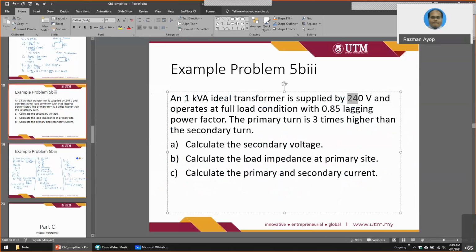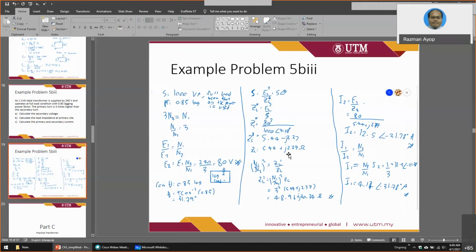And then calculate the load impedance at the primary side. This is the secondary side, so you have to use the formula. Make sure that you use the formula here.